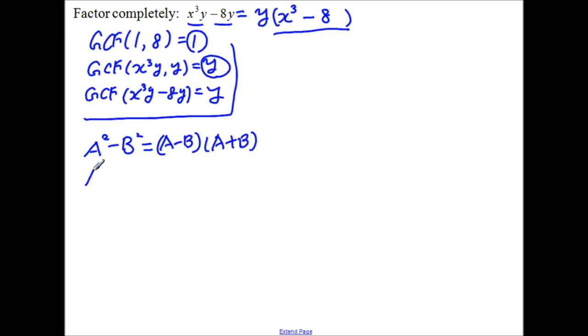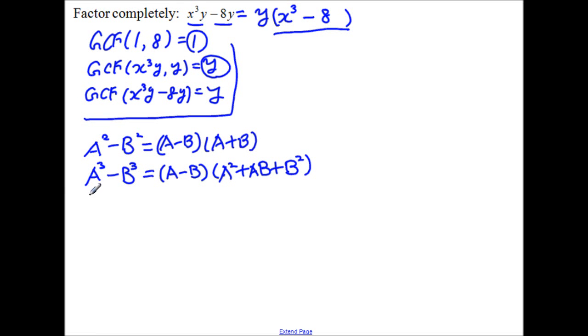The second formula we have is a to the third minus b to the third. If a polynomial can be written in this form, it is factored into a minus b times a squared plus a times b plus b squared.